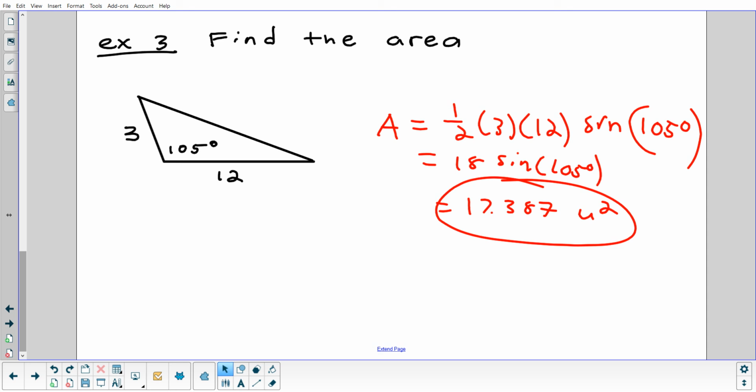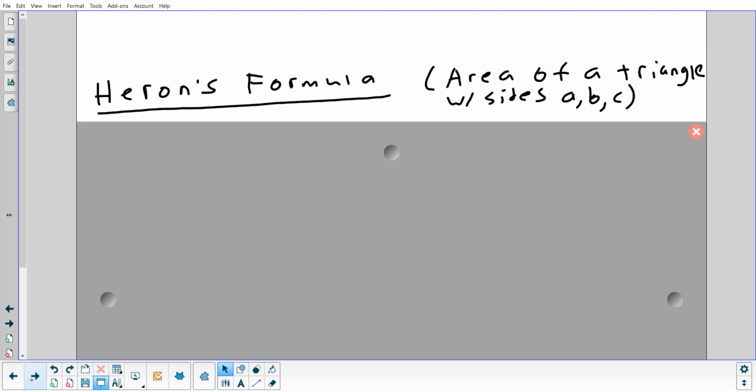Now, that formula in and of itself is not connected to law of cosines. It's kind of like its own little thing. It's more connected to the right triangle trick. This formula, which we're not going to go through the proof of, is connected to law of cosines.